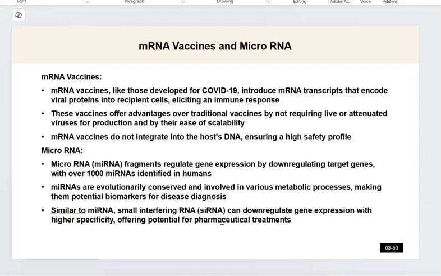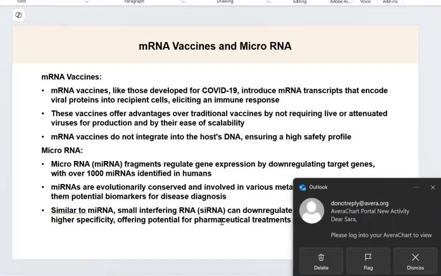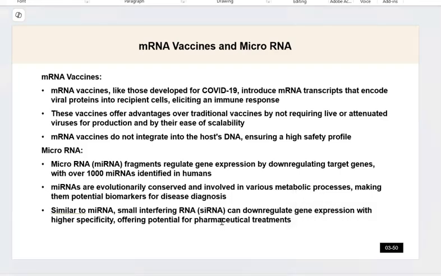Also, while popular concern was expressed about the ability of mRNA vaccines to alter the host's DNA, the structure of mRNA does not permit the molecules to enter the cell nucleus and contact the host DNA. So, in theory, they're supposed to be very safe.